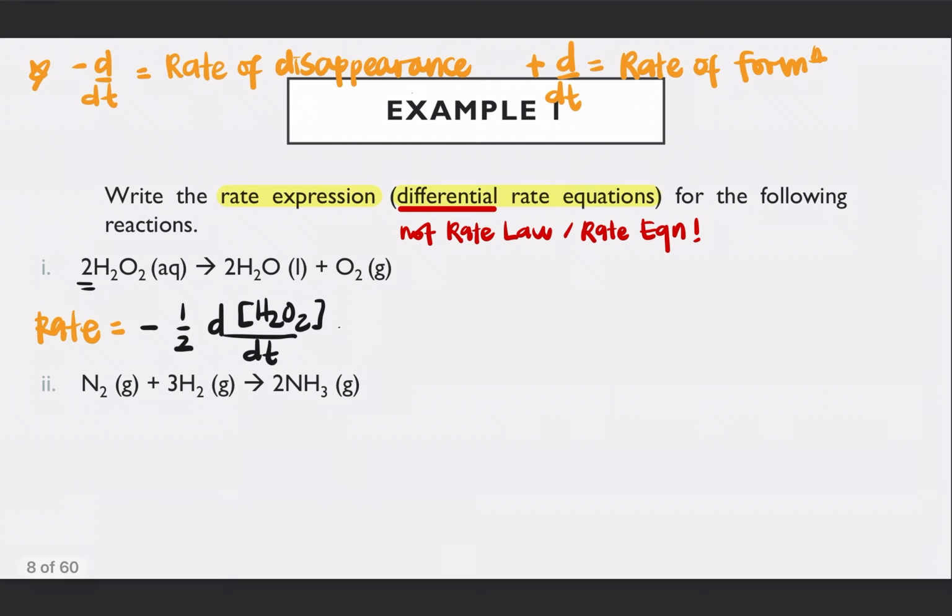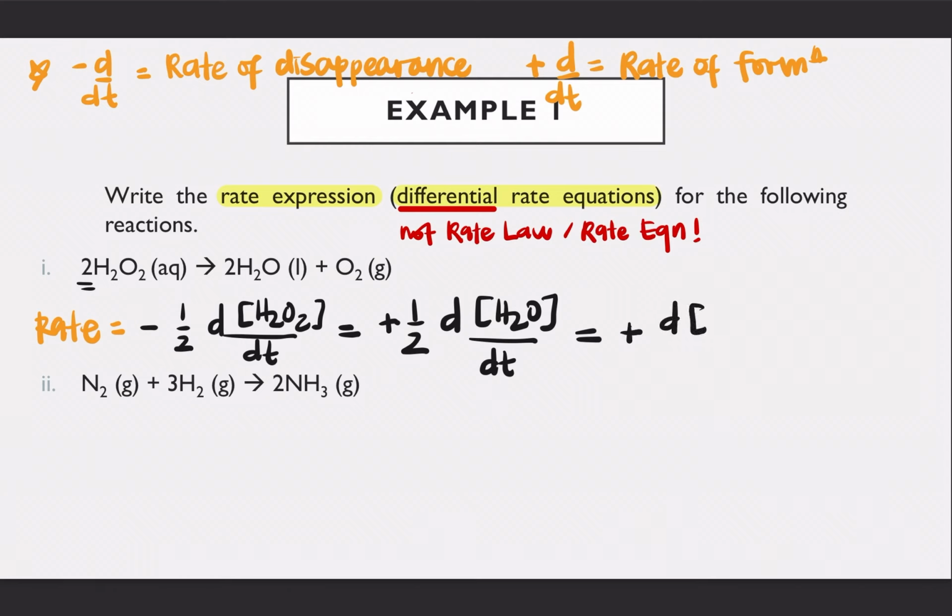Okay, equals to your product will be plus 1 over 2 d H2O over dt equals to plus d oxygen over dt. Okay, so since this one here you don't have anything, so basically it is 1, so you don't need to write any fraction lah kat depan ni.